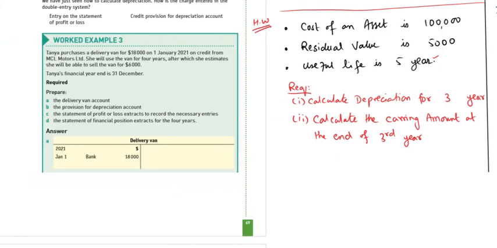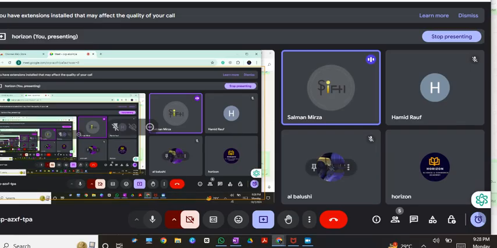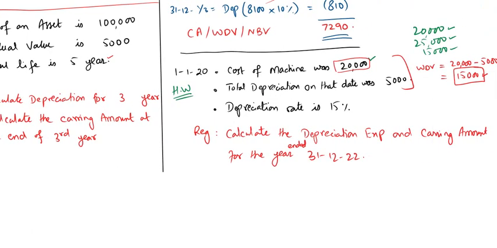Okay, now move. Assume that this line is not given in the question. It means we have to buy the asset. We bought the asset on first Jan 20.